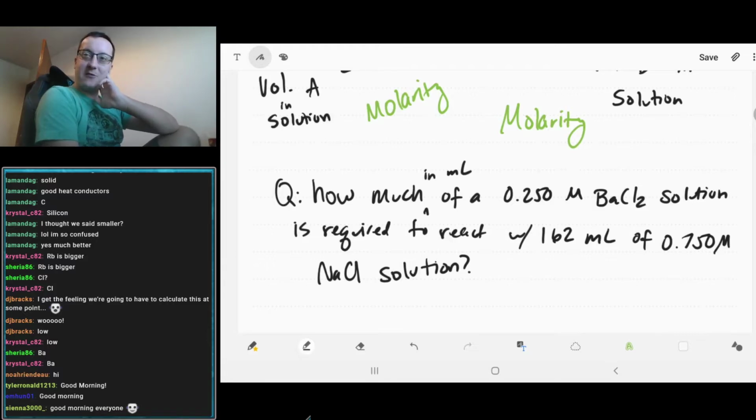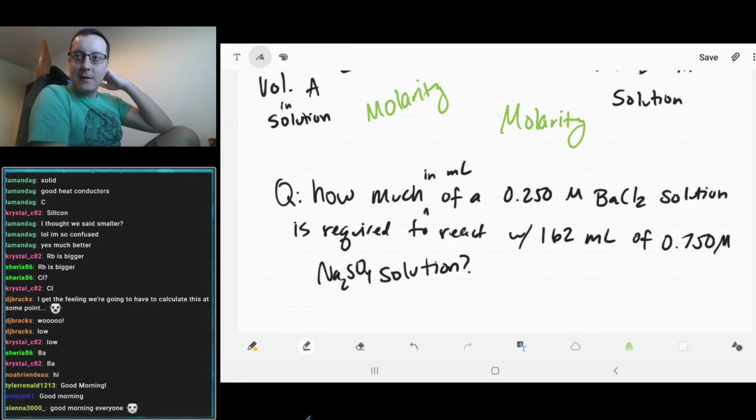So, this is how a question might read that's going to deal with these sorts of concepts. I'm asking you how much of a volume of a solution we're going to have. I've given us the concentration, and we are going to react that solution with a particular volume of 0.75 molar sodium chloride solution. Not sodium chloride, that's not going to react. There we go. Sorry, sodium sulfate. Let's do that instead. I apologize, that would have led to no reaction. That wouldn't be fun.